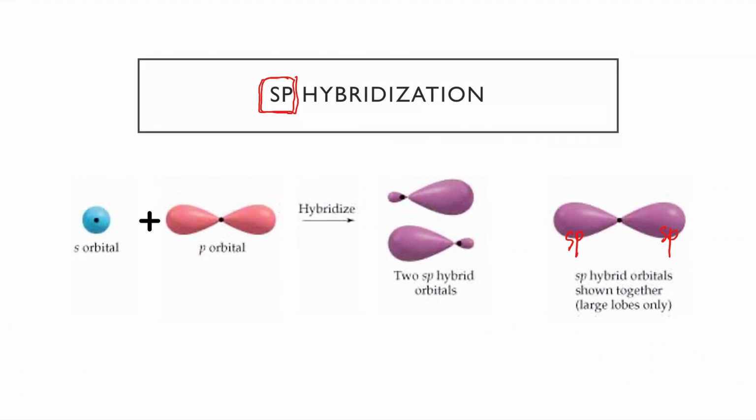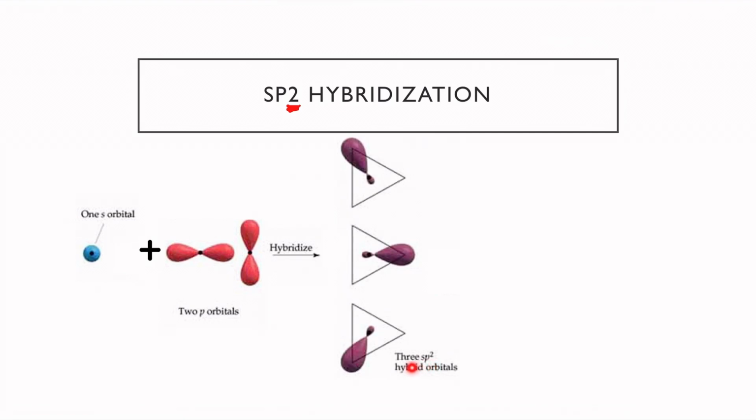Okay? Okay, next. Okay, read my mind. Quick. sp2 hybridization. Guess what pure atomic orbitals will you be using? You'll be using 1s orbital and 2p orbitals. Okay, so I'm going to mix those orbitals together, hybridize them, and I get totally new sp2 hybrid orbitals.